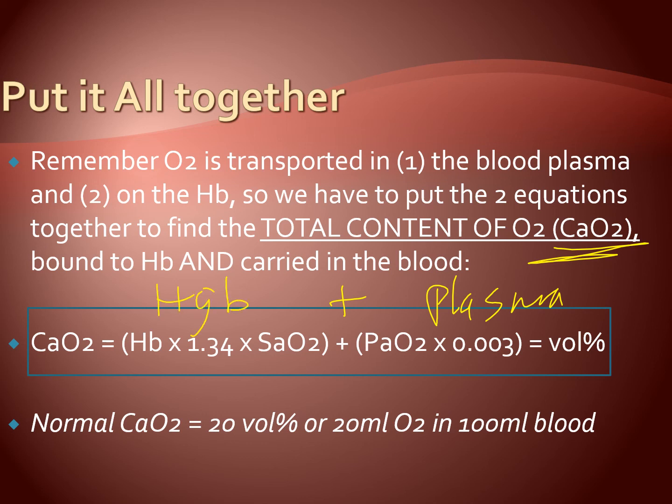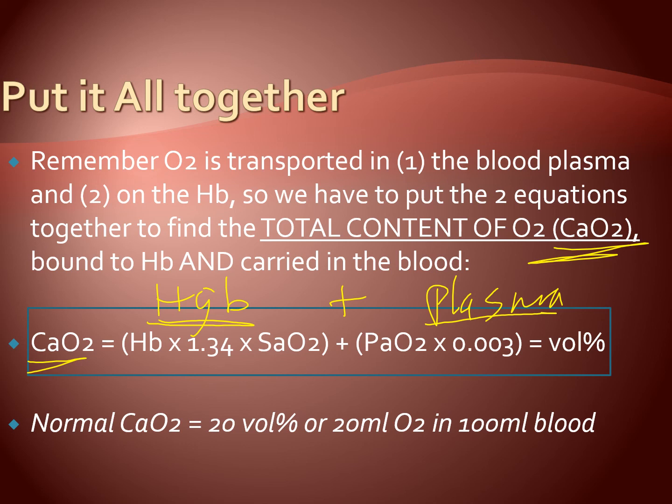We want to connect these two together. If I ask you what's the best way to see how much oxygen there is in the bloodstream, you're going to say the CaO2 equation, because it combines the oxygen content of the plasma as well as the oxygen content on the hemoglobin molecule. We're adding both of those together.